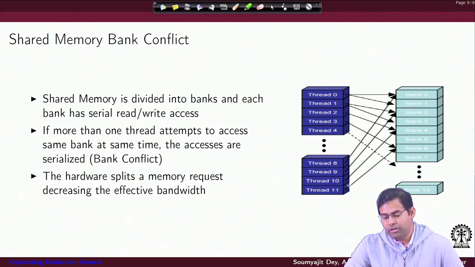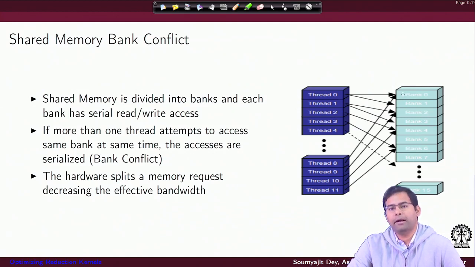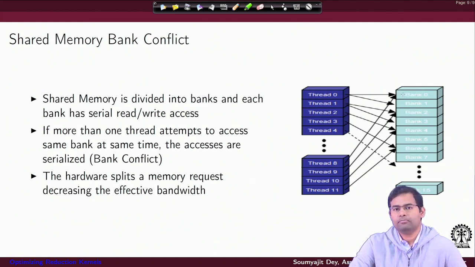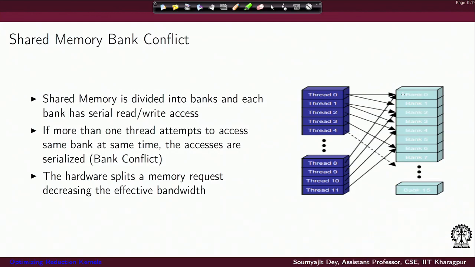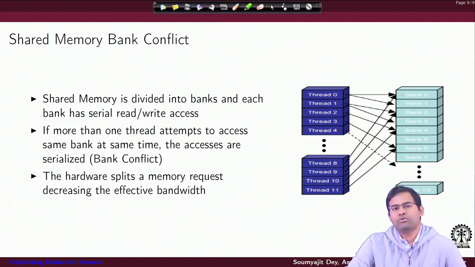If I draw the picture for a collection of threads, I would see that inside a warp, I will have 2 threads accessing the same bank in parallel. Since the number of threads in a warp is equal to the number of banks, I have a two-way conflict for every thread.